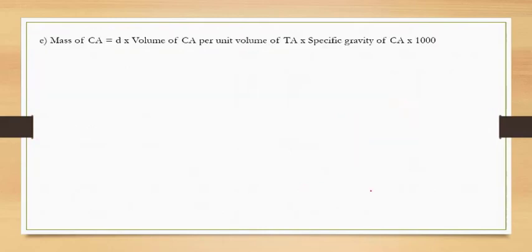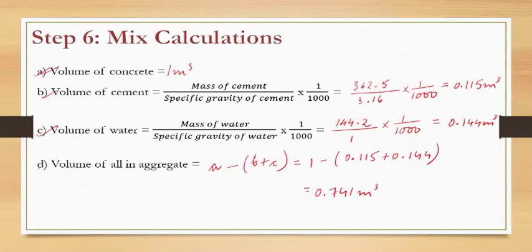Next, we find the mass of coarse aggregate, which is given by the formula D into volume of coarse aggregate per unit volume of total aggregate into specific gravity of coarse aggregate into 1000. And here D is this, the value we calculated in the last step.